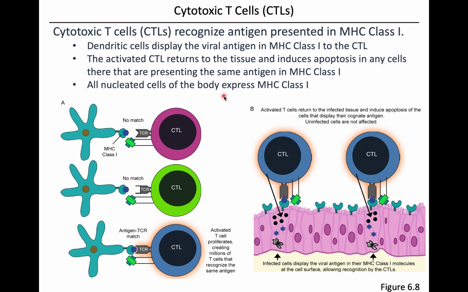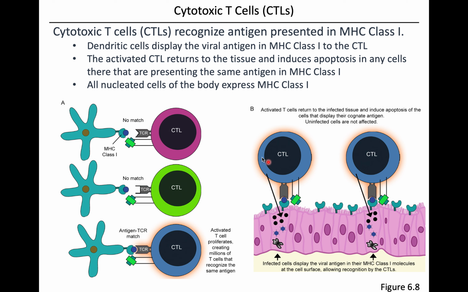Basically all nucleated cells in your body can produce that major histocompatibility complex, class 1, and if they are infected with a virus, they will present viral antigens on their cell surface.